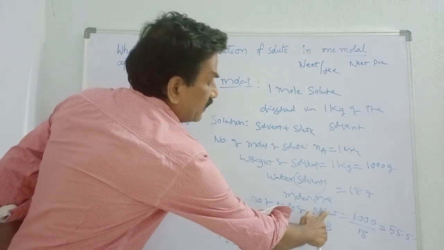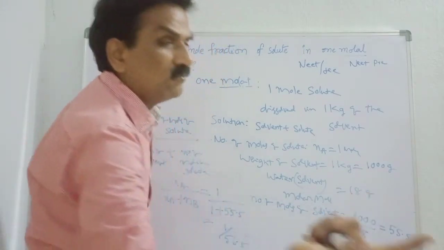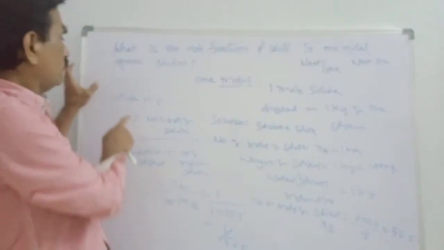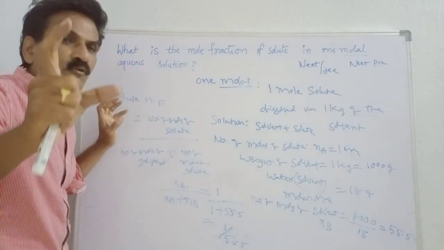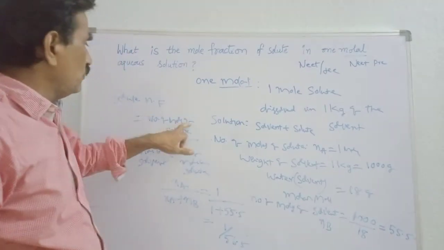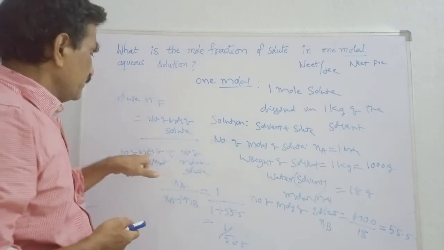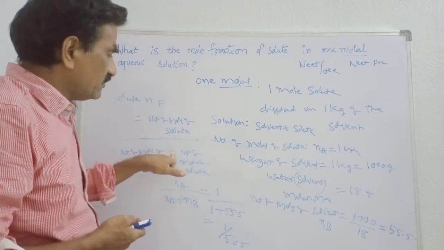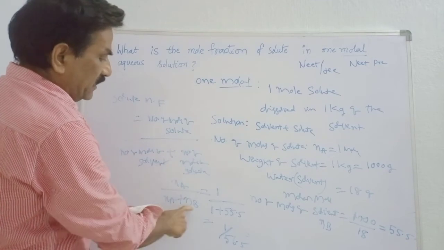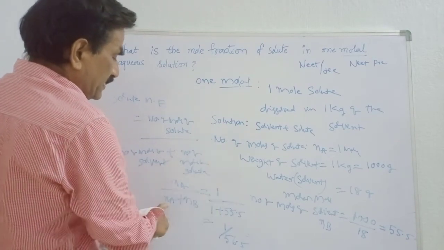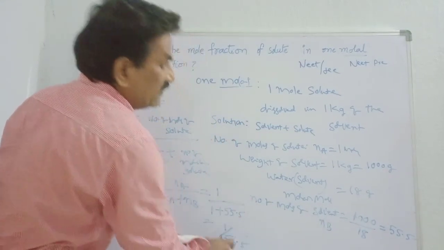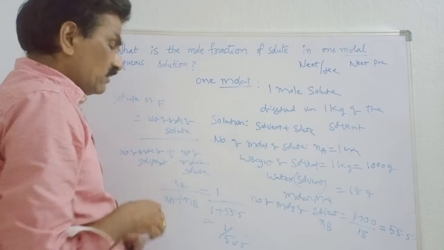Number of moles of solvent is weight of the substance by molar mass, weight 1000, molar mass 18, 55.5. We want solute mole fraction. Number of moles of the solute upon number of moles of solvent plus number of moles of solute, that is Na by Na plus Nb. Na 1, Nb 55.5. So total 1 by 56.5. That is 0.01 something.